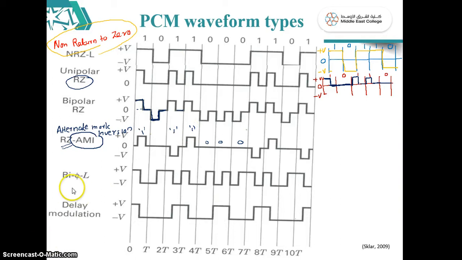Next is biphase L. It is also called Manchester coding. Now here a 1 is represented by a half bit width pulse starting at the beginning, and a 0 is represented by a half bit width pulse during the second half.